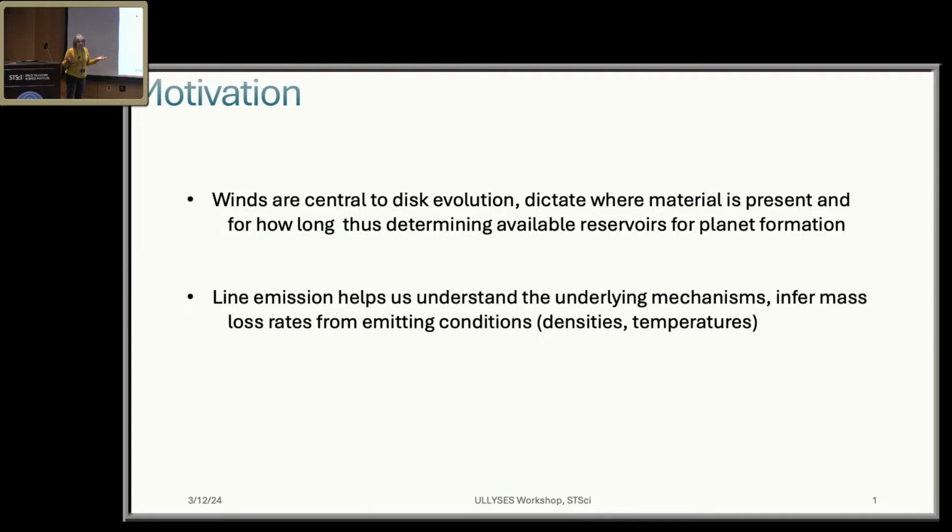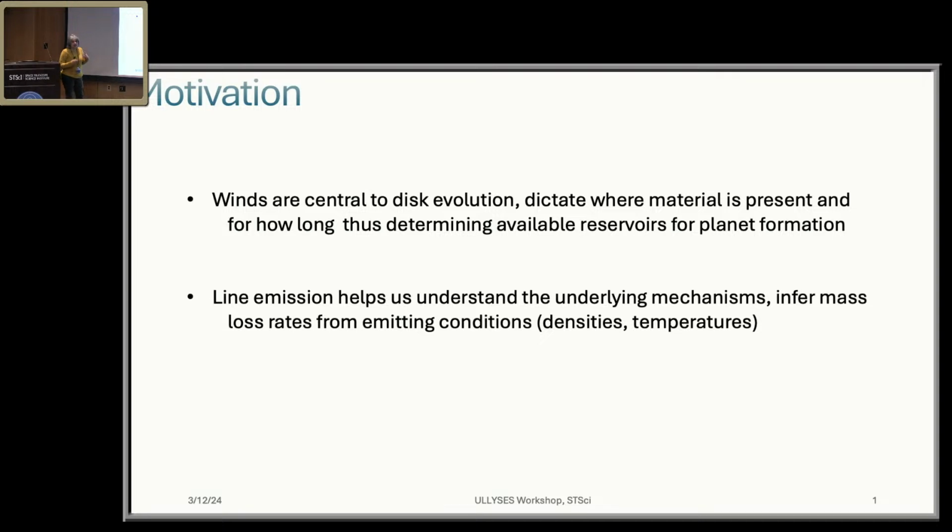We now know the disks are not as ionized as we expected, and therefore MRI turbulence doesn't work. We think now that the dominant mode for accretion is magnetohydrodynamic winds. And these winds drive the entire disk evolution. They bring material from the mass reservoir, in the outer part of the disk, to the inner part of the disk by removing angular momentum through the winds.